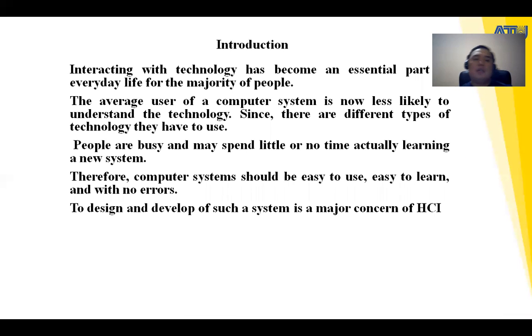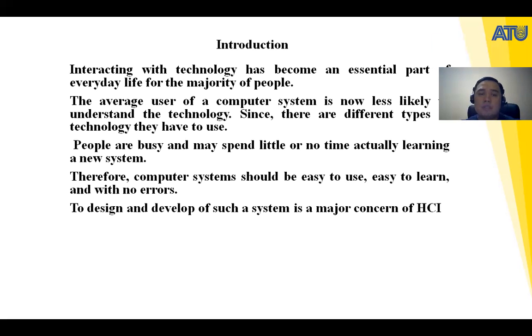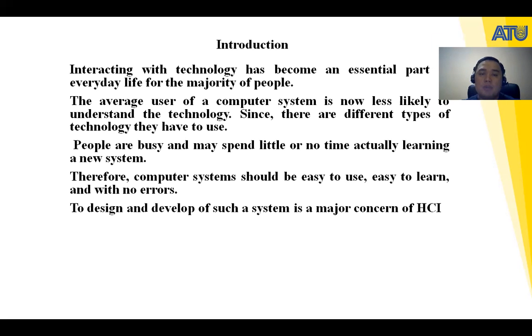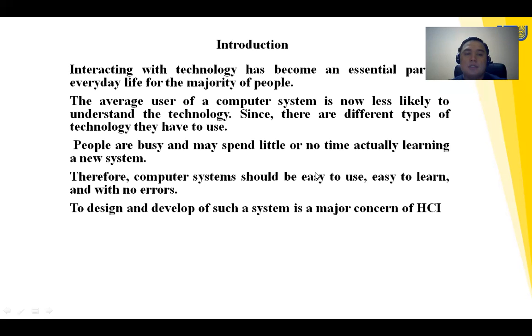Introduction. Interacting with technology has become an essential part of everyday life for the majority of people. The average user of a computer system is no more likely to understand the technology, since there are different types of technology they have to use.